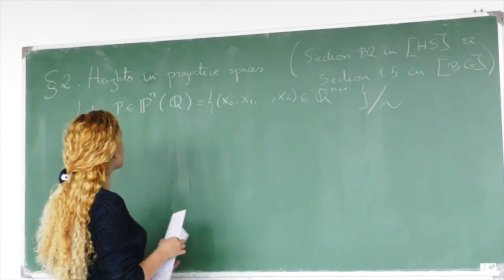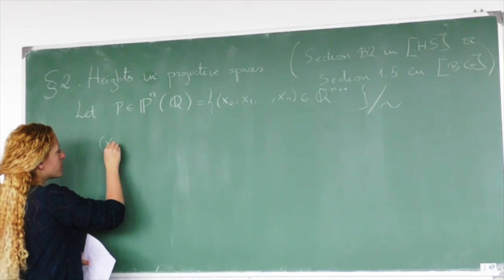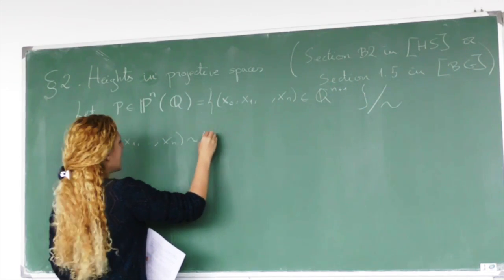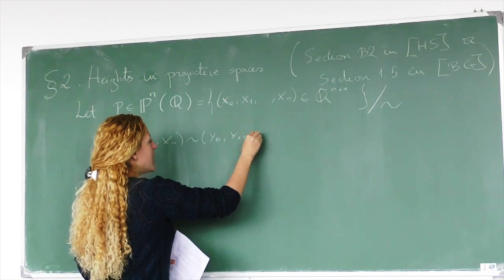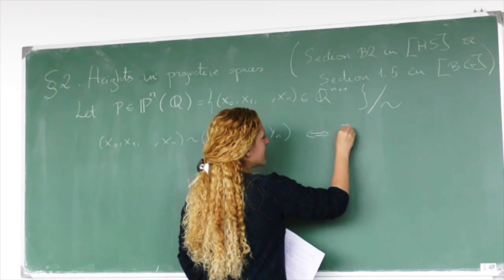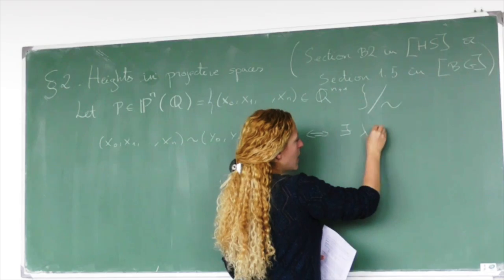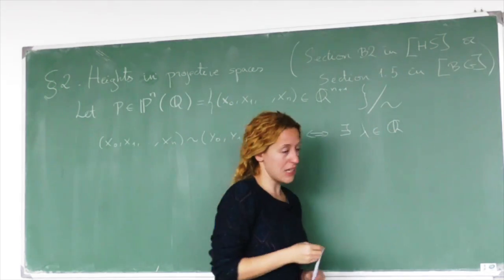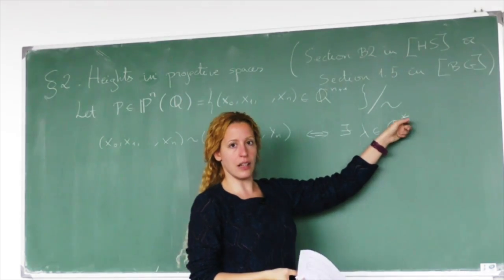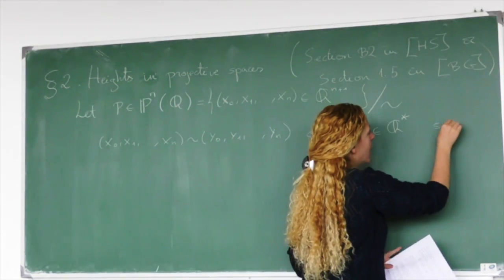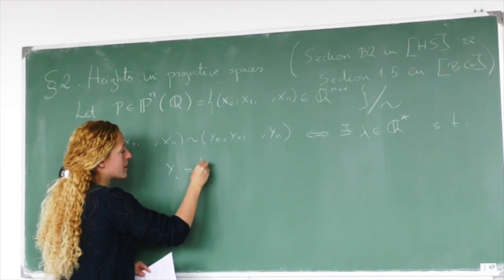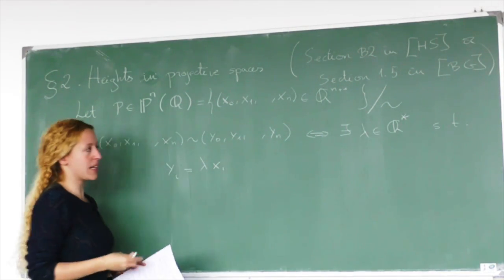Basically we say that two points like this are related if and only if there exists lambda, another rational number, different from 0, that is, an invertible element, such that the coordinates y_i are just a multiple of the coordinates x_i.